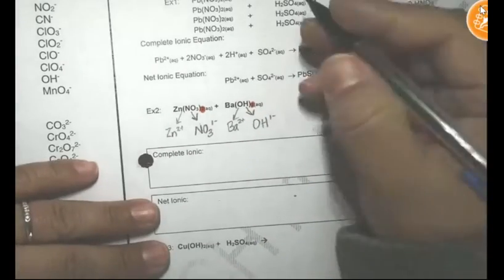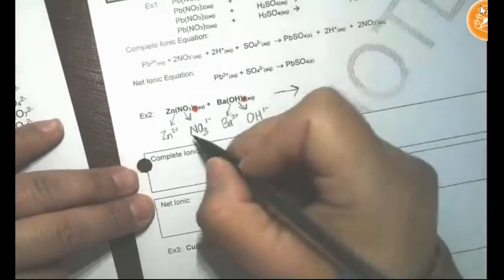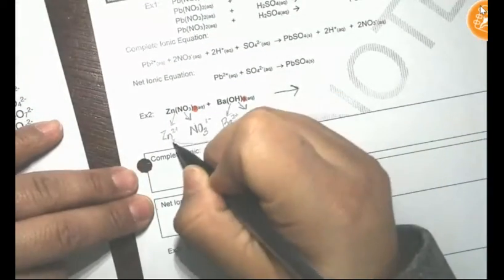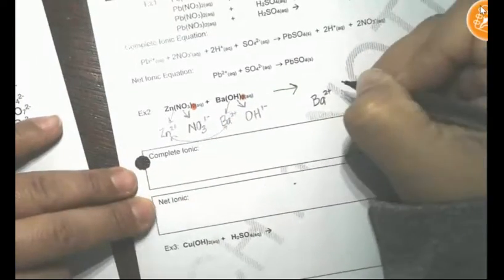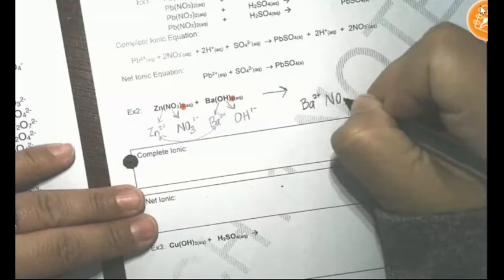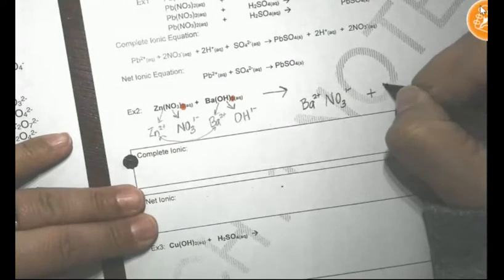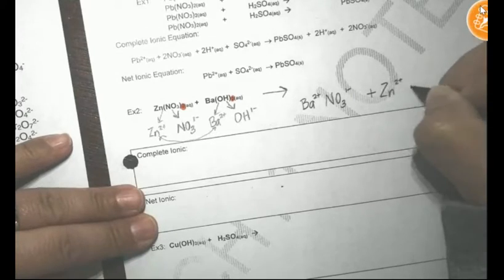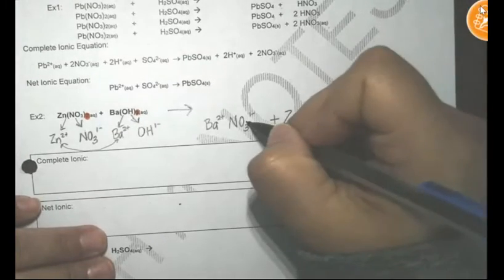Now, first thing is predict the products. So I'm going to go ahead and have these switch places. So I have Ba 2+ with NO3 1- and Zn 2+ and OH 1-. I go ahead and reduce, crisscross.